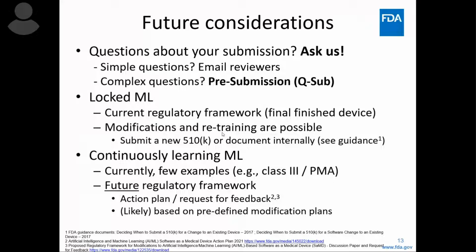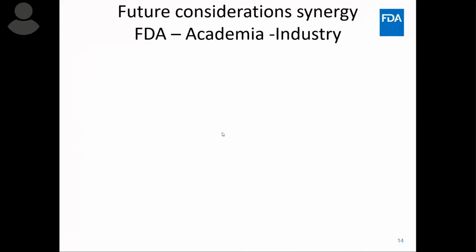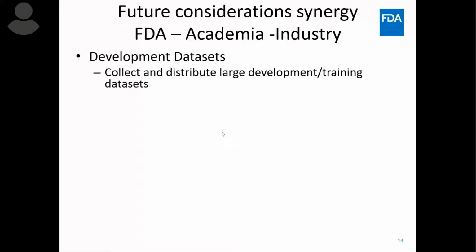I think it's also important to have a synergy between the regulatory world, academia, and industry. It is important that everybody works together to have new training data sets, so academia can work on new, exciting things. It is also important to have new validation data sets. We need large, well-annotated, and publicly available validation data sets.